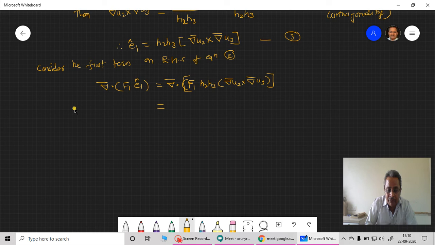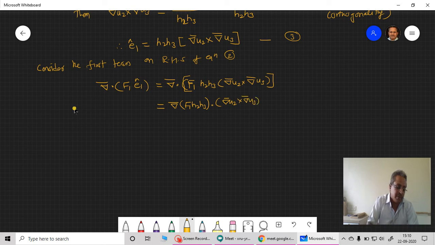There is one more vector identity we are going to use here. So first take gradient of F1 and H2 H3. This is a product, that's why I have to take it there. Dot this bracket grad U2 cross grad U3.